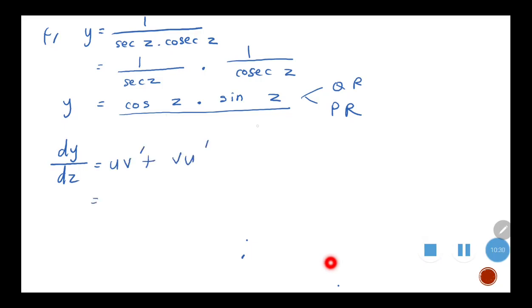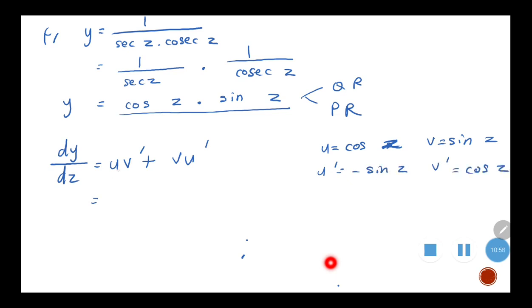Now we try to determine what is u. U is cos z and v is sin z. U prime is minus sin z and v prime is cos z.